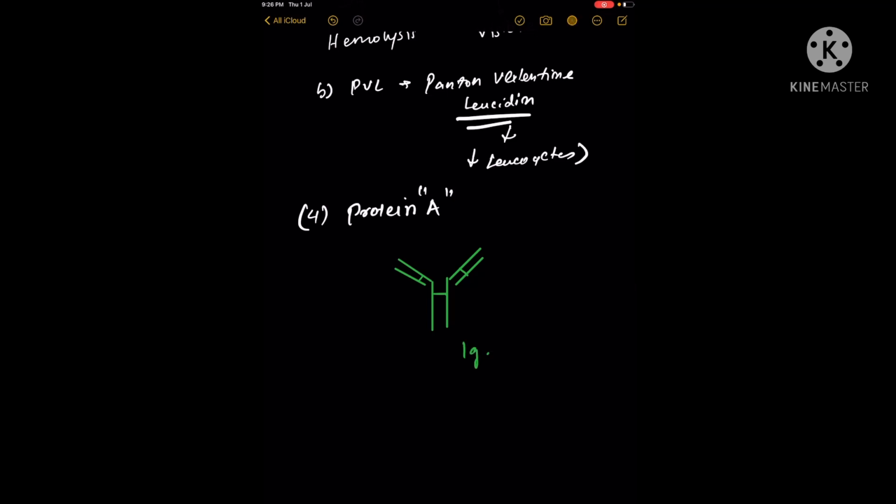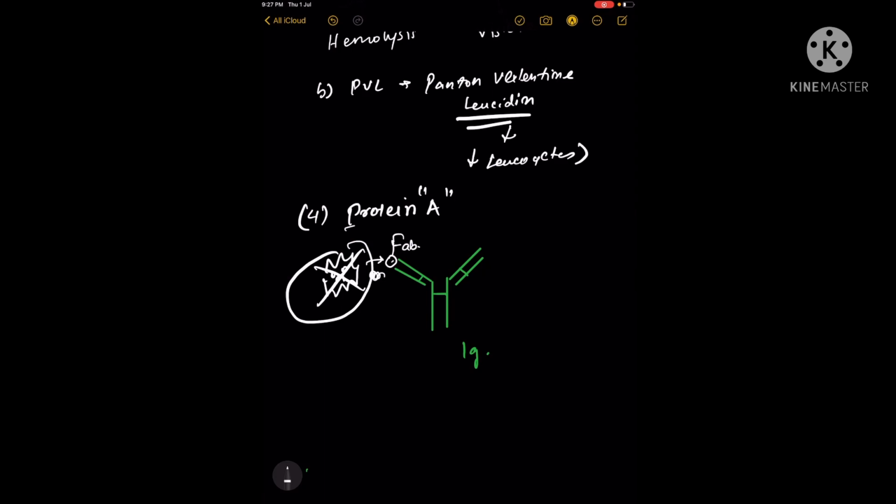So normally when the bacteria enters, it binds at this site. This is known as the Fab site, and there is opsonization and phagocytosis, and this bacteria gets killed.